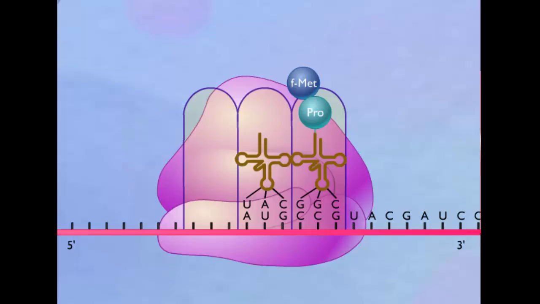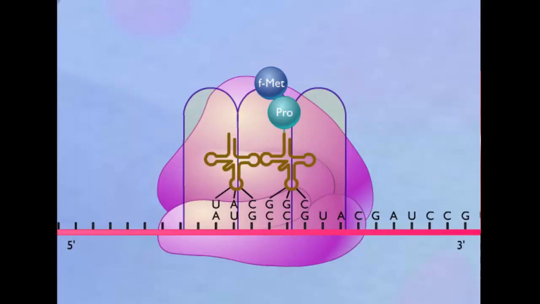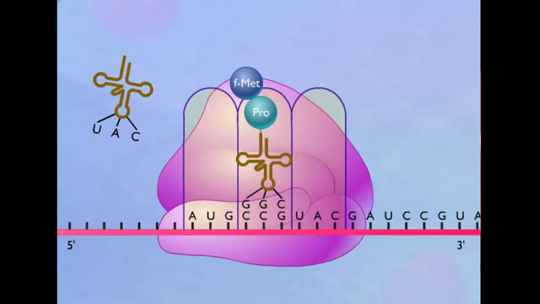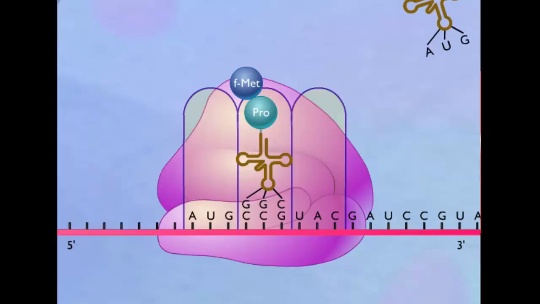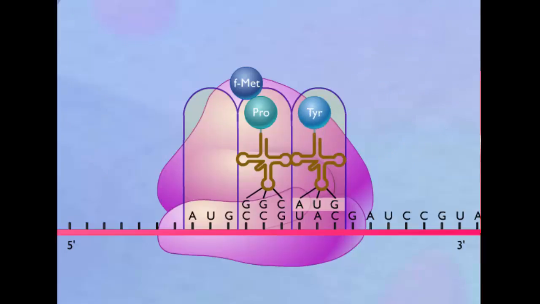The ribosome now advances a distance of one codon, and the transfer RNA that carried the formal methionine is released at the E site. A transfer RNA carrying the next amino acid now moves into the A site, where the anticodon on the transfer RNA matches the codon on the messenger RNA.